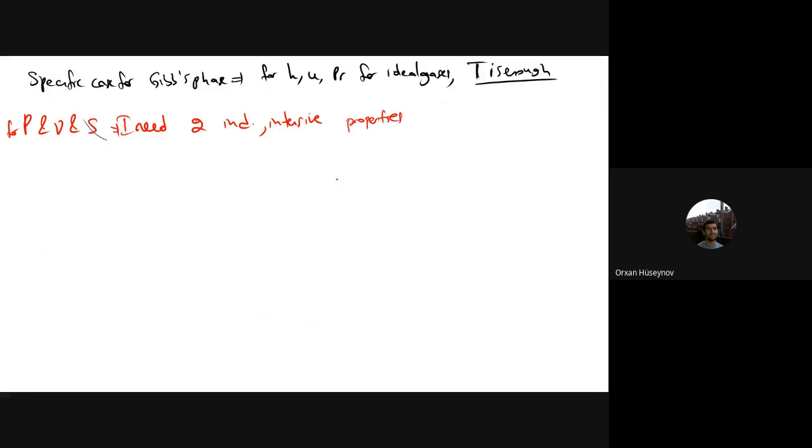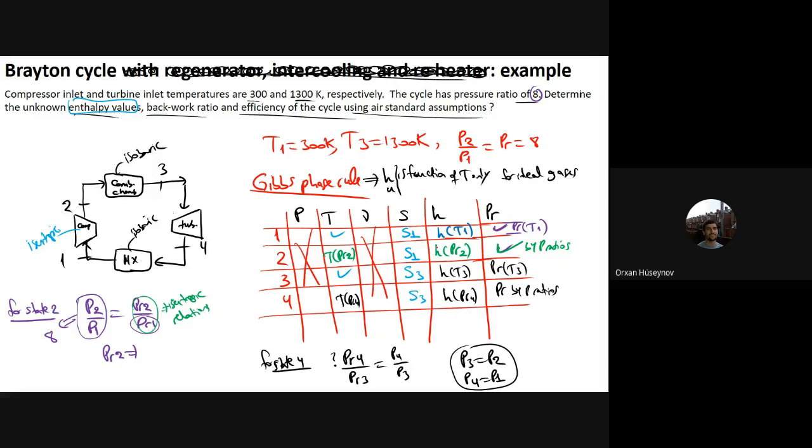Therefore, it is impossible to find these properties here. The only possible case is that I can find the properties that need one known value, which is the temperature. Okay, so let's solve the problem now.